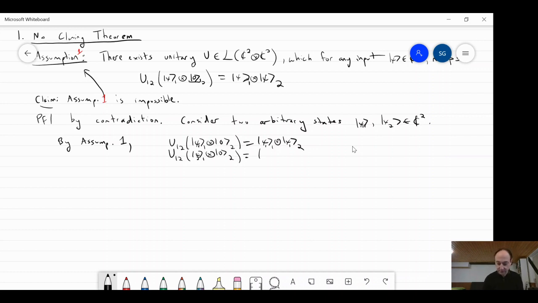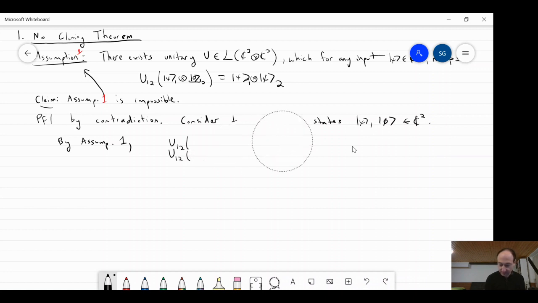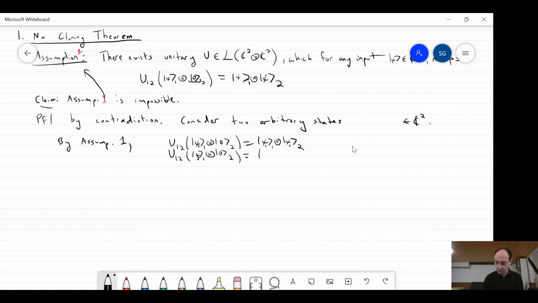I don't like this notation. I'm going to quickly change this. So this is psi, and this is phi. Okay, so then I don't have to worry about drawing these indices here. Okay, psi and phi.